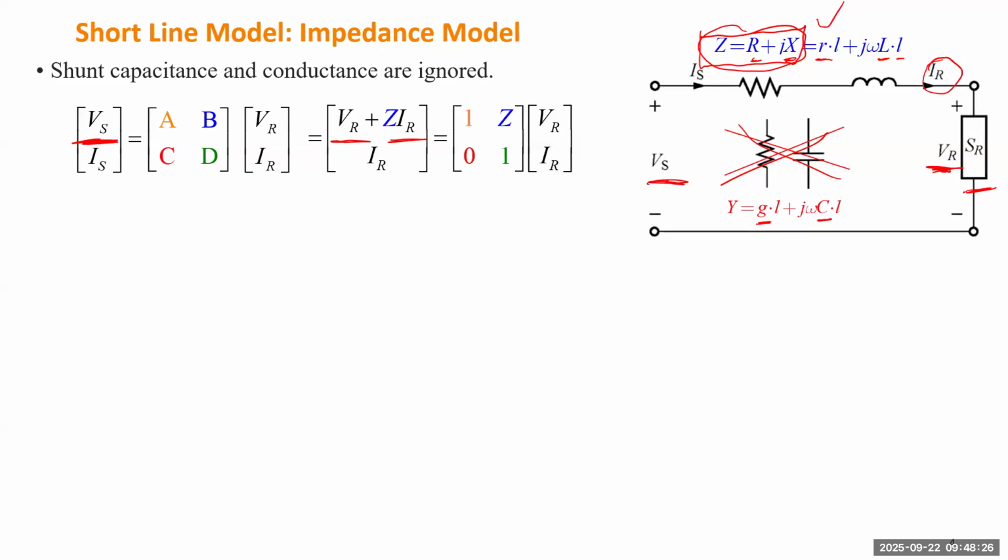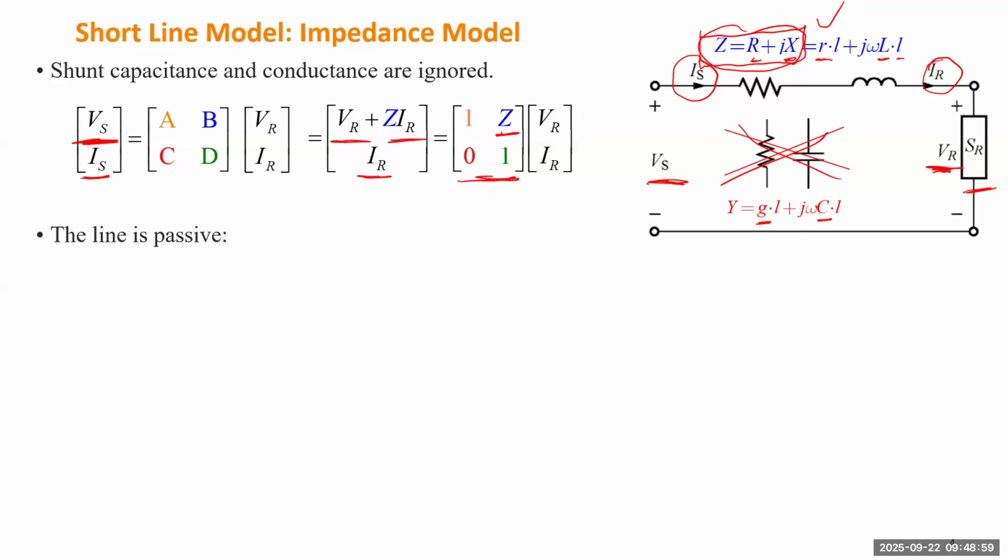Because there's nothing between the line and the ground, the source current will also be the load current. So immediately we get this transformation. It's very simple. It's a triangular matrix with two ones on the diagonal and just a single Z. So this line only has a single parameter Z, the total impedance of the line.